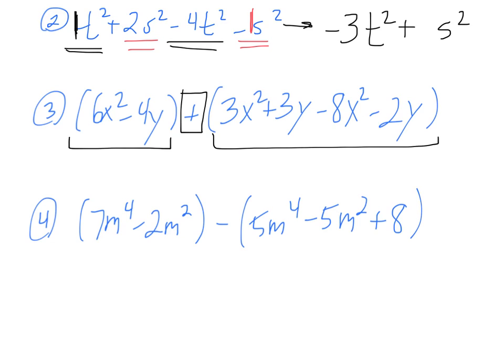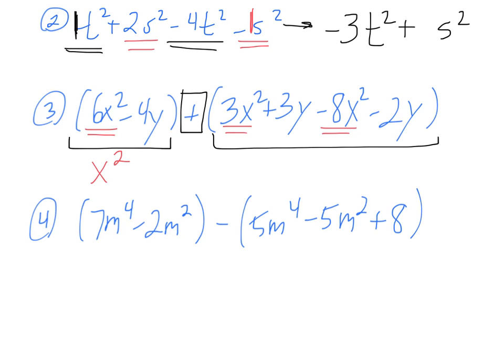I'll do that in red here. 6x squared, 3x squared, and another x squared in negative 8x squared. So just looking at the x squared terms, we have 6 plus 3 minus 8. 6 plus 3 makes 9. 9 minus 8 makes 1x squared.